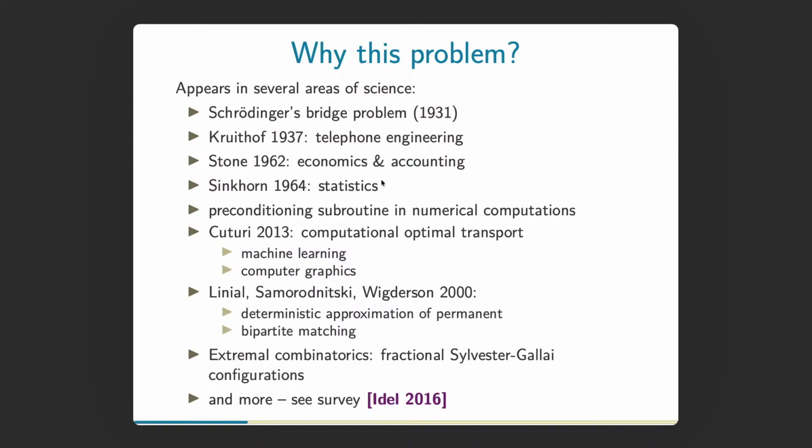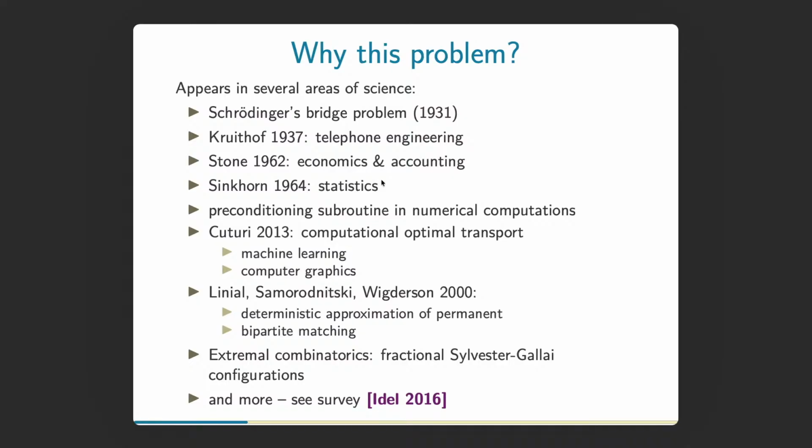Some people can tell me if this is fake news, but I read somewhere that it's also used as a preconditioning subroutine in numerical computations. And in 2013, Cuturi used this kind of scaling algorithm in computational optimal transport, so you can do approximate, regularized optimal transport, and this is very important for machine learning and computer graphics.